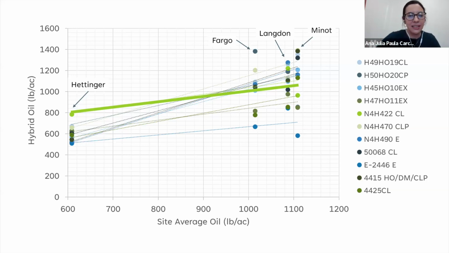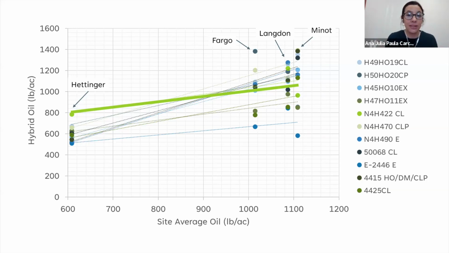So that means that this hybrid is more or less stable, regardless of the environment conditions. In this case, it's sites, but we could be analyzing different things, such as weather as well. When we're seeing this, we can say that, okay, this actually doesn't change much.